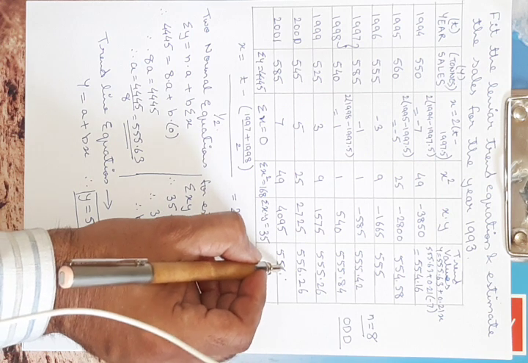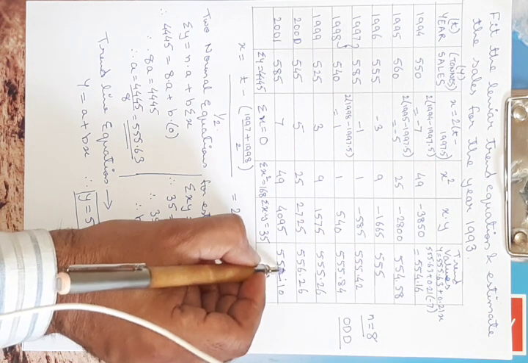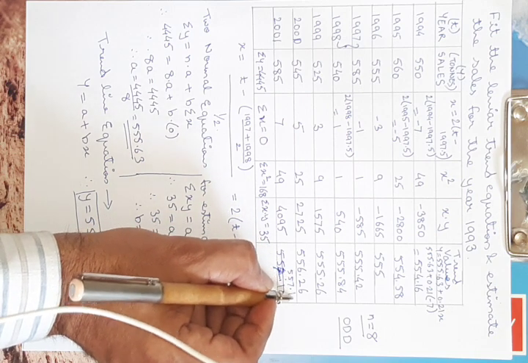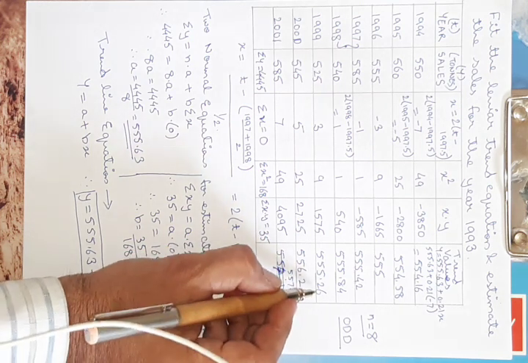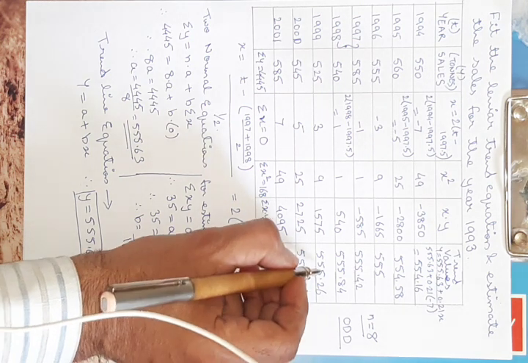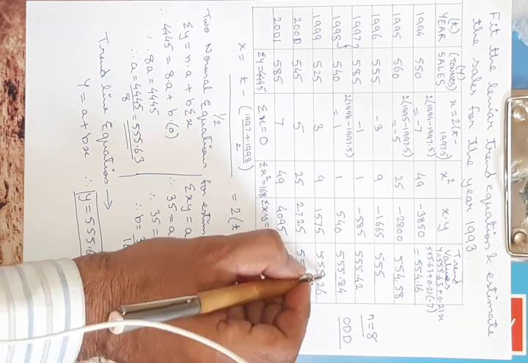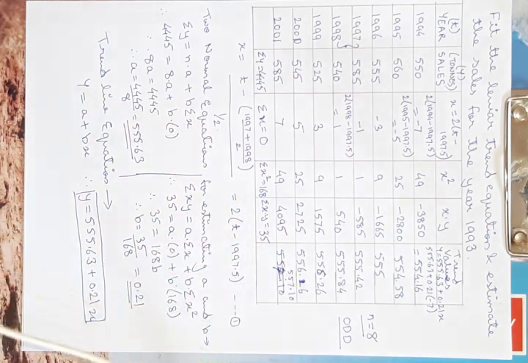Sorry, this is 557, this is 557.10, this is 557.10, and here the value is 555.84, and this is 555, this is 556.26, and this is 556.6. Now here we have calculated the trend values.